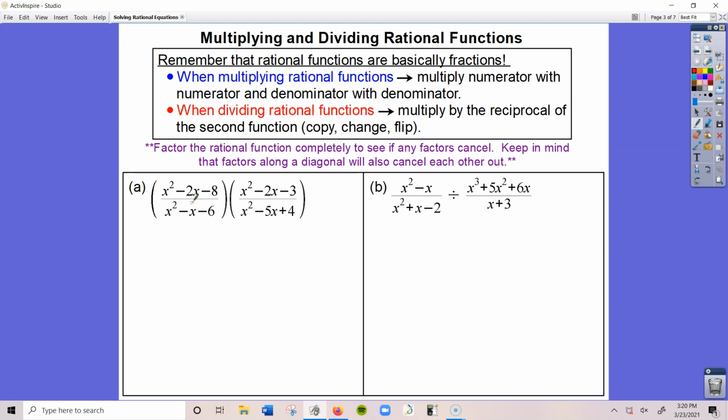So this is how it works. What we're going to do first is factor each rational function completely.